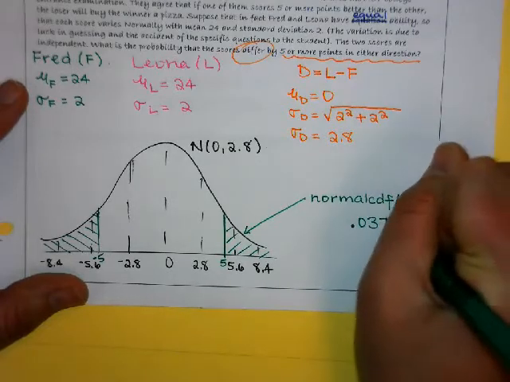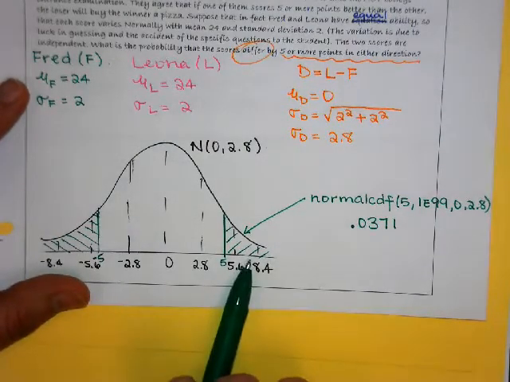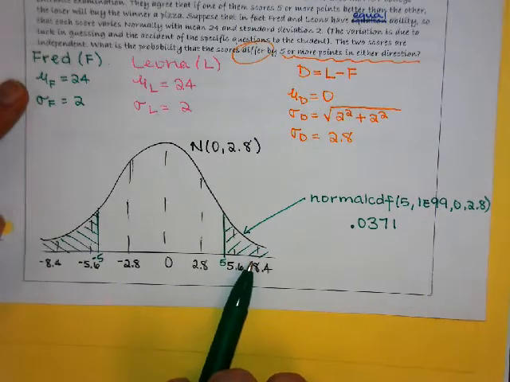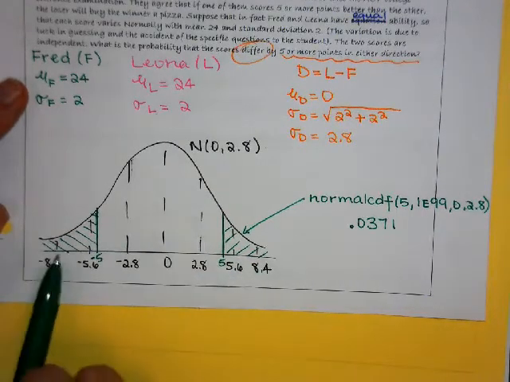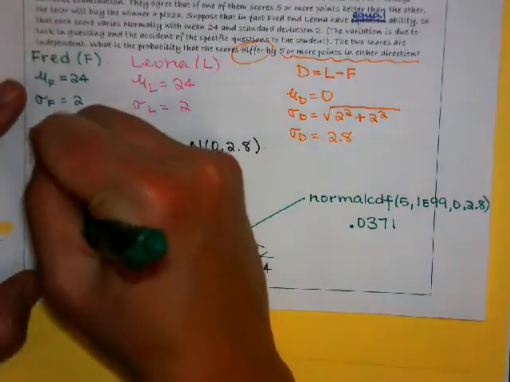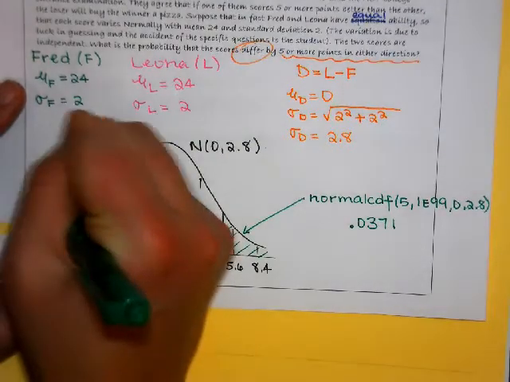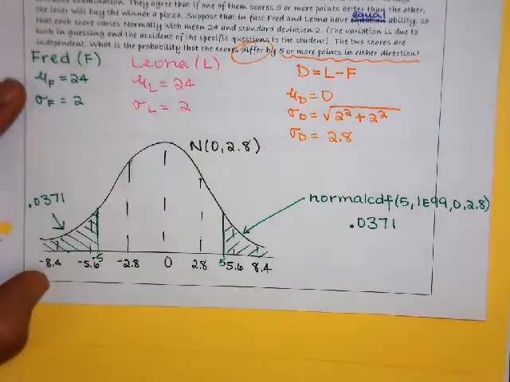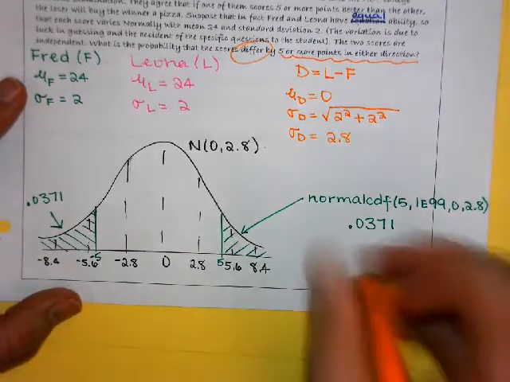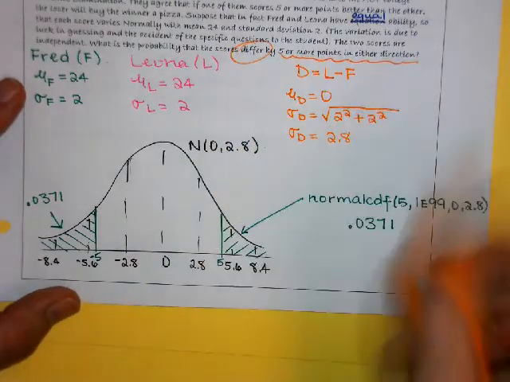So to find the answer to the question, 5 points or more in either direction, I'm just going to take this answer and multiply it by 2. And we get 0.0742.